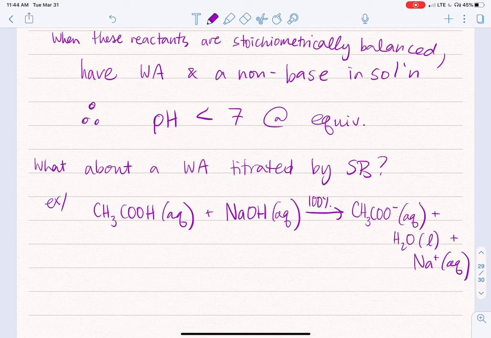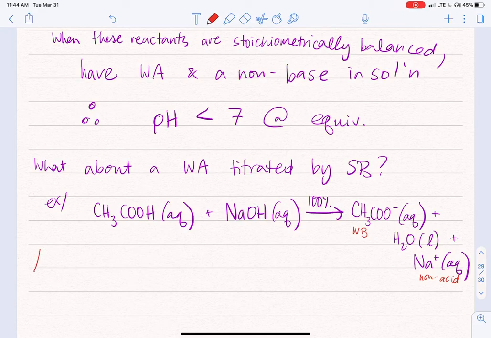So if we look at what's present at equivalence, you are going to have a weak acid, water, my bad. That, of course, is not a weak acid. That's a weak base. Acetate is a weak base. You're going to have a non-acid, sodium, and then you just have water, which, of course, is neutral.